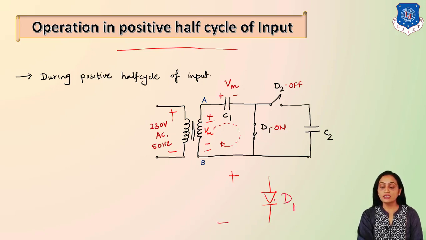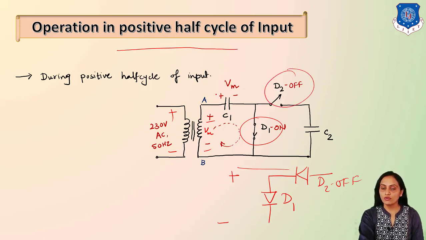So diode D1 is definitely forward biased. It is shown with the closed switch. Diode D2's polarity is such that its cathode is connected to plus and anode is connected to minus, and that is why diode D2 is off, and that is shown with the switch open. And due to diode D1 being on, the capacitor C1 will charge through the diode D1.